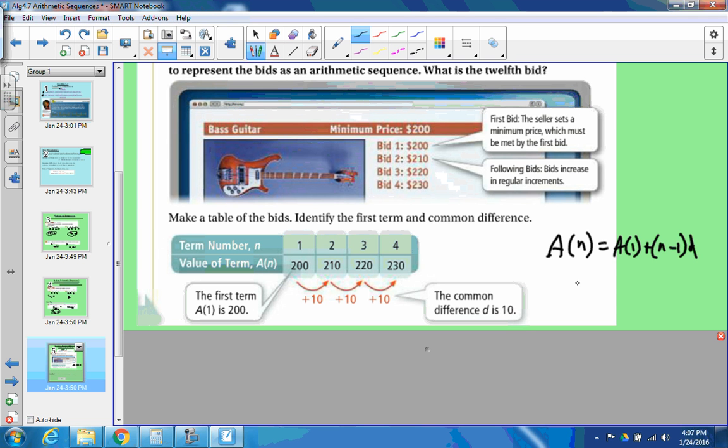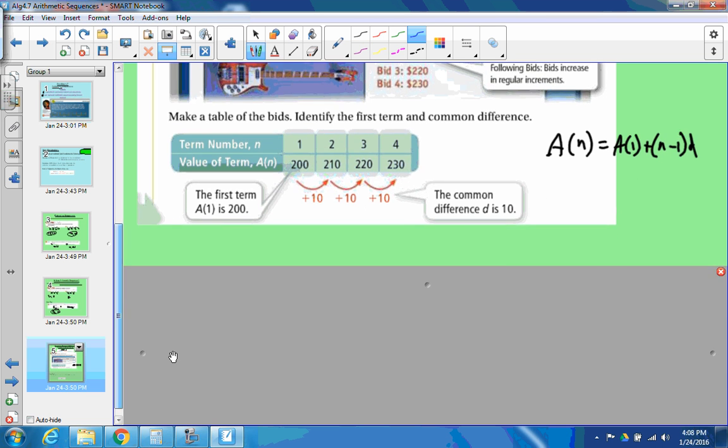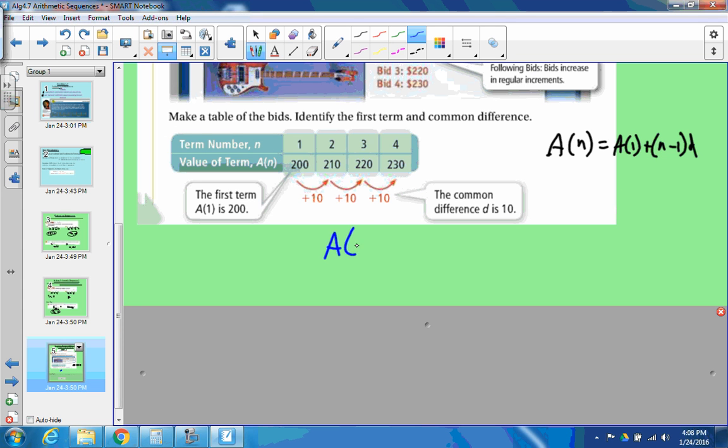We want to find the 12th term. So a sub 12 is equal to the first term, which in this case is 200. That's our first term.